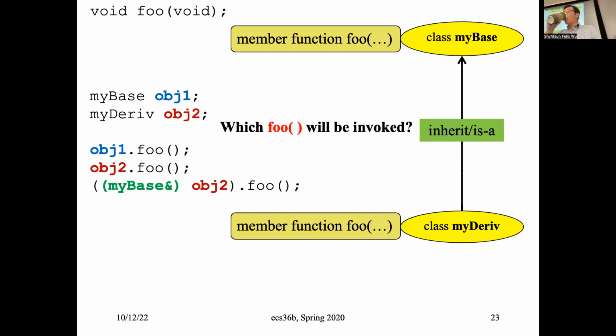Casting, will you always use the ampersand when you cast object2 to a different type? What if you just put my base object2? That's a good question. I don't think that it's going to make any difference. I don't think so. But unless a different version of the compiler checks for some kind of newer version.